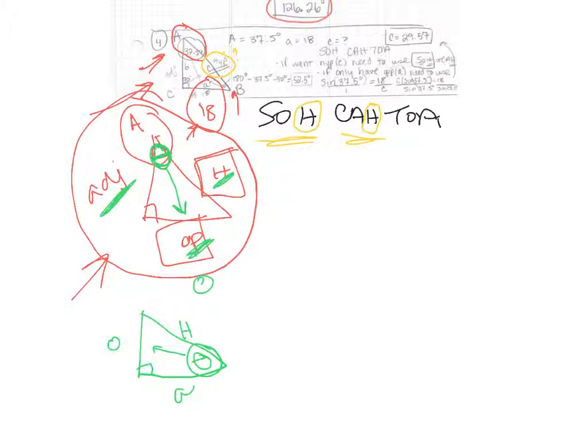Now we're looking at this red triangle. We want H, we have O, and we have this angle A. So if we have O and H, we need to go with sine. That's why we did sine of theta is opposite over hypotenuse. The opposite side was 18.